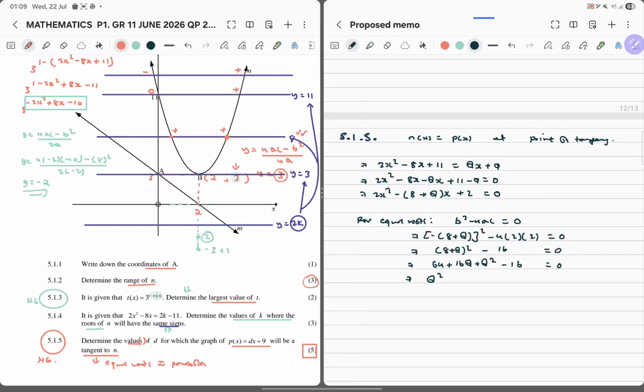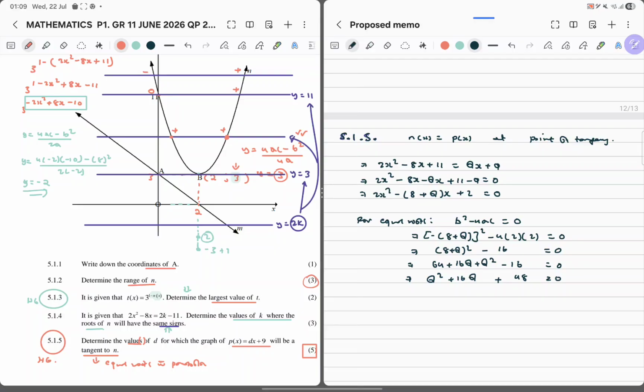Now I understand the values business. We get d squared plus 16d plus 64 minus 16, that's 48, equal to 0. 64 minus 16, 48.